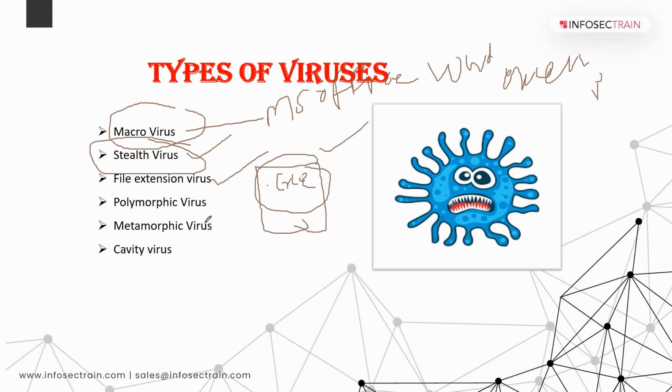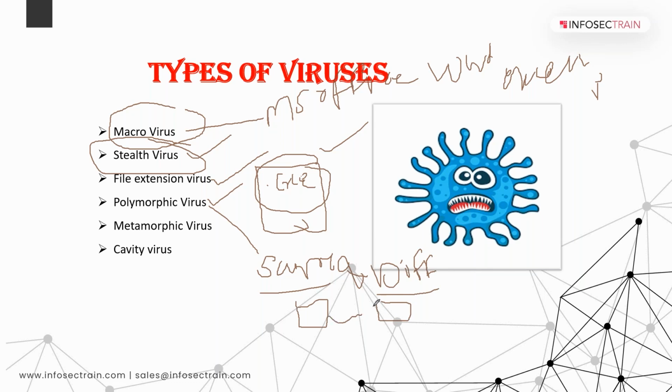And the polymorphic virus. It means whenever it replicates in the system, the same code is generated but with a different algorithm. If it moves from one folder to another, the same code runs but a different algorithm runs.